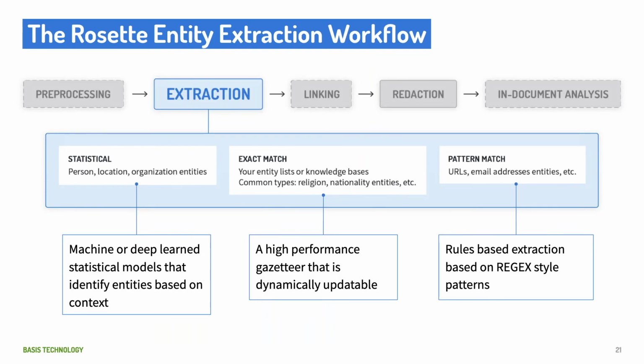And what you're seeing on screen is a breakdown of the 3 different techniques we utilize to make sure that when entities are extracted, we're not leaving anything behind, so to speak, and we're as accurate as we can possibly be. Now, starting on the left side here, you can see we're discussing our statistical extractor, and that is a machine learned model.